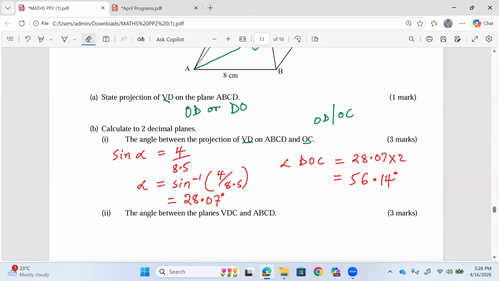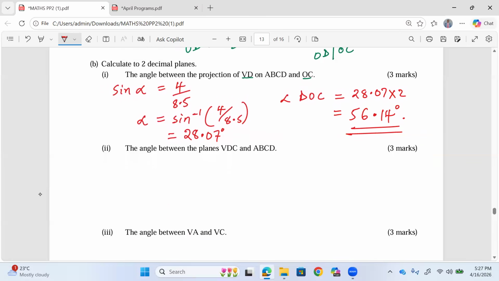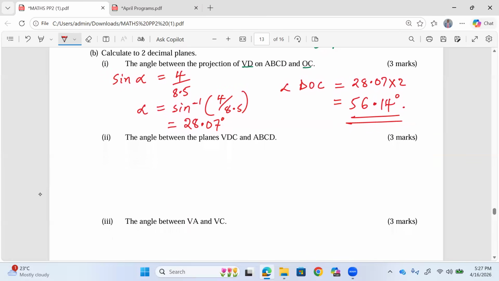Remember, we've been told to give the angle to 2 decimal places. That is already calculated, 56.14.